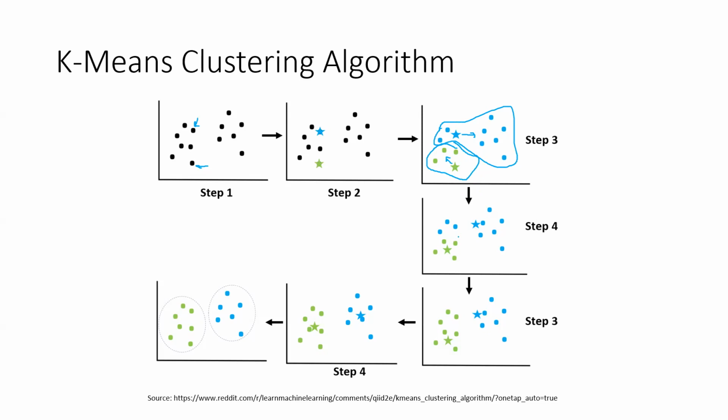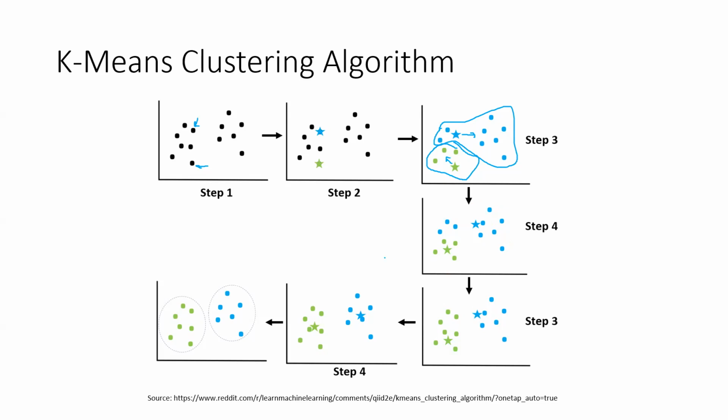Again, we go to the second iteration and we assign the data points to the nearest centroid. So these data points will be assigned to this centroid, and these data points will be assigned to this centroid, right? Now you can see these data points also get assigned to this centroid, and these data points will be assigned to this centroid.